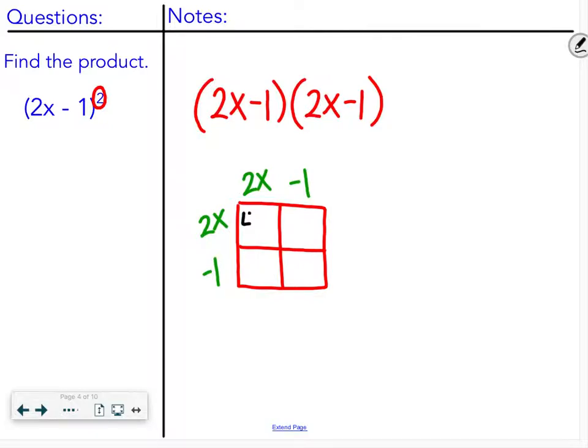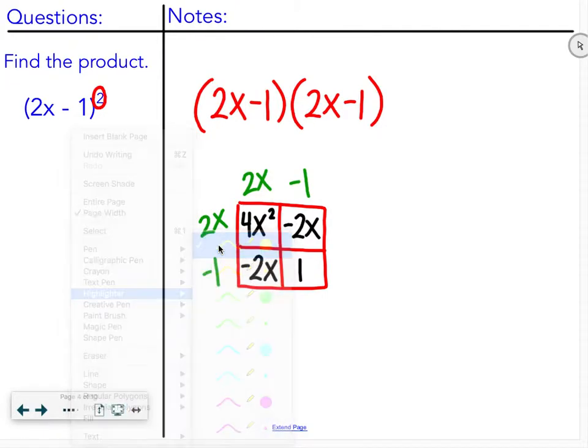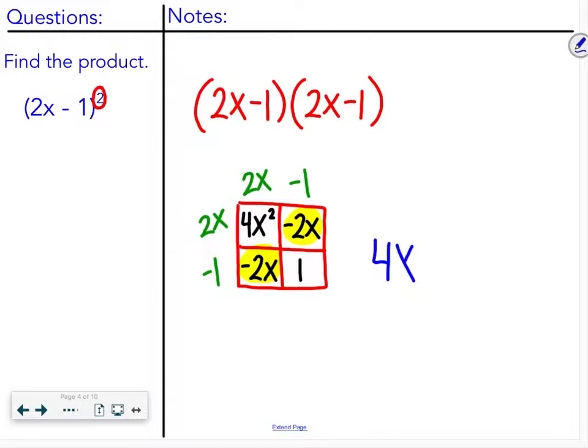So 4x squared, negative 2x, negative 2x, and then positive 1. Your like terms are always the diagonal, so negative 2x and negative 2x make negative 4x, and then positive 1.